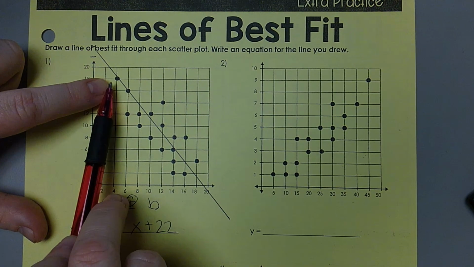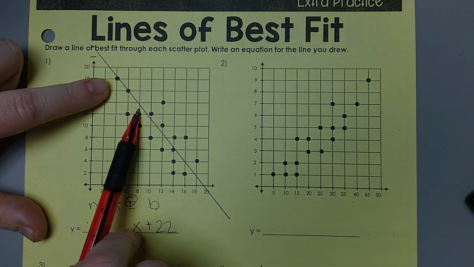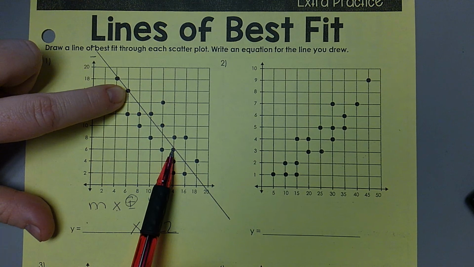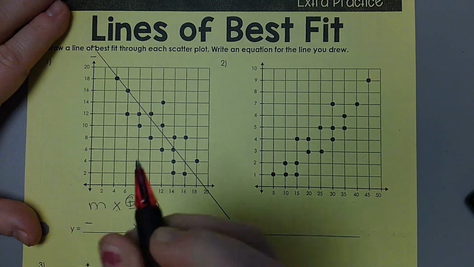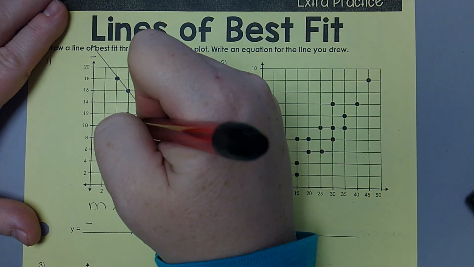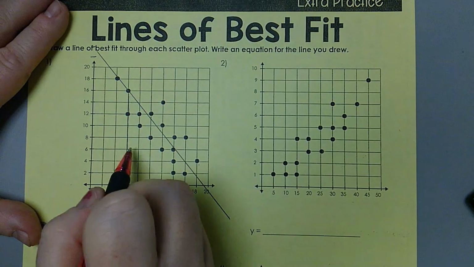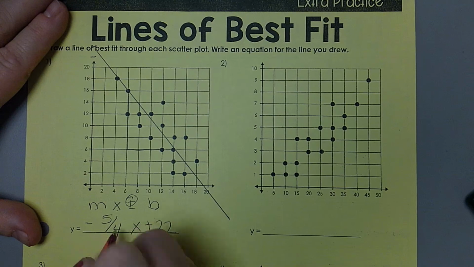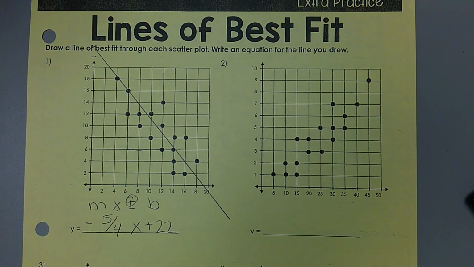Going through these 2 points gives us a slope of 1, which isn't accurate. So let's go from this point to this point. It's negative, and we go down 5 over 4. So negative 5/4, which is almost 1 over 1.